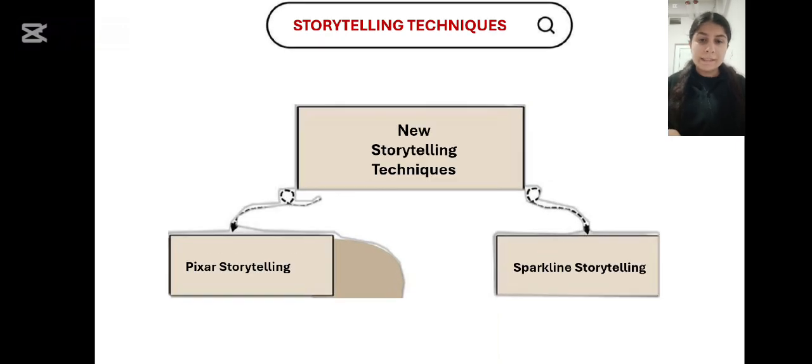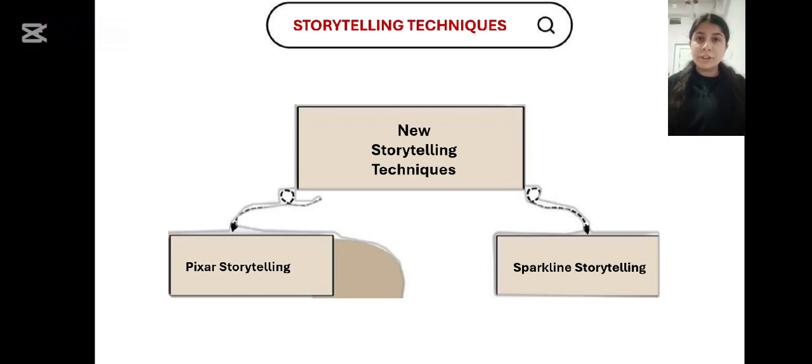So now let's see new storytelling techniques, which also divide into two: Pixar storytelling and Sparkline storytelling techniques. Pixar makes their films with this remarkable method. There is a good story with well-developed characters, emotions, and a story.